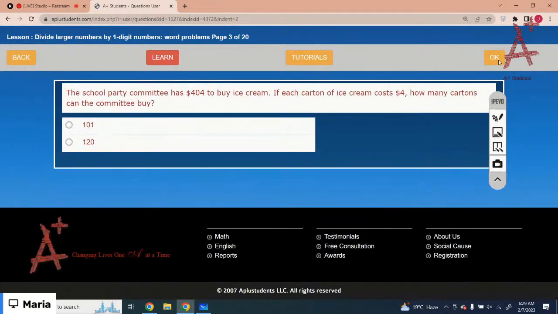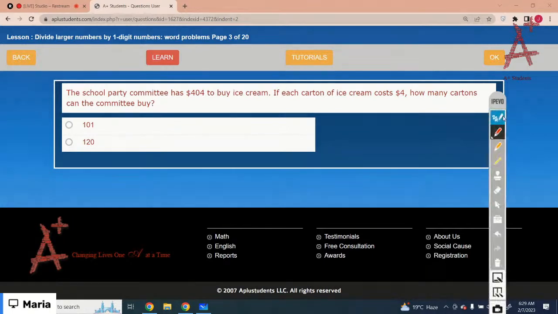Okay, the next one is the school party committee has $404 to buy ice cream. If each carton of ice cream costs $4, how many cartons can the committee buy? So you have to divide 404 by 4. Got it? So 4 times 1 is 4. Then you have 0.